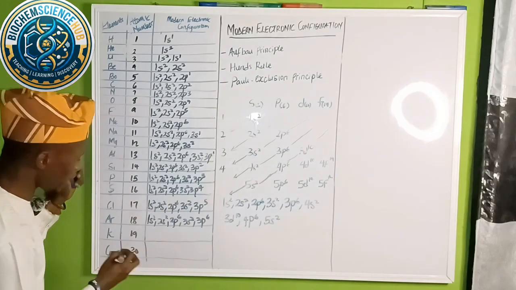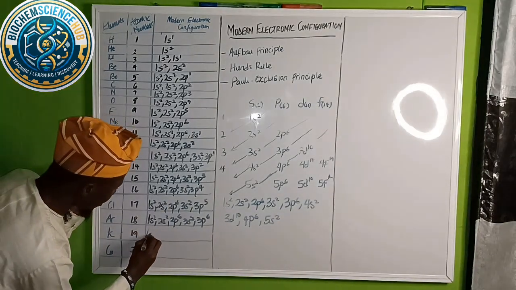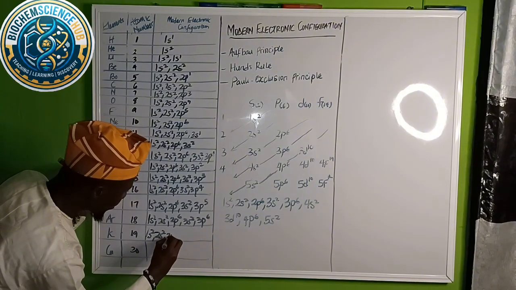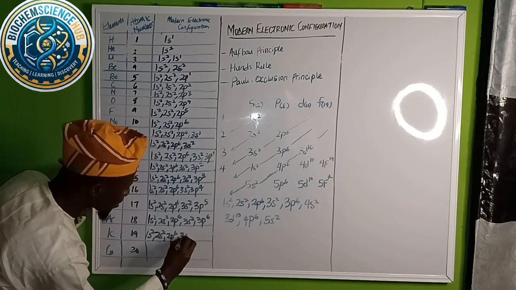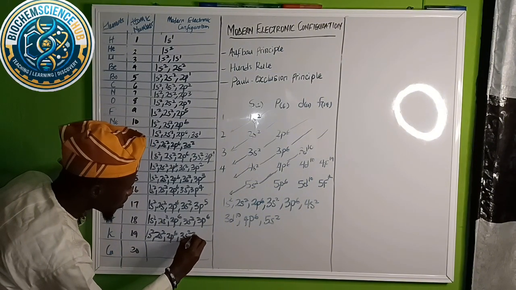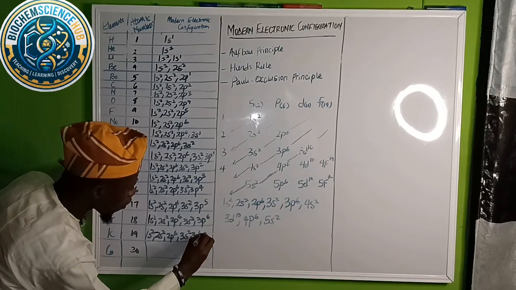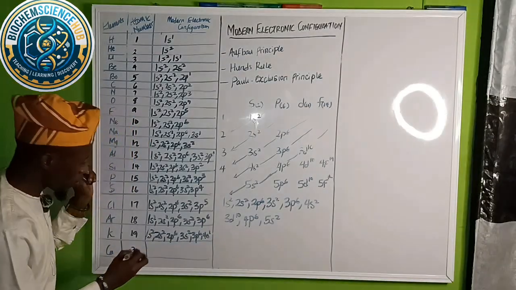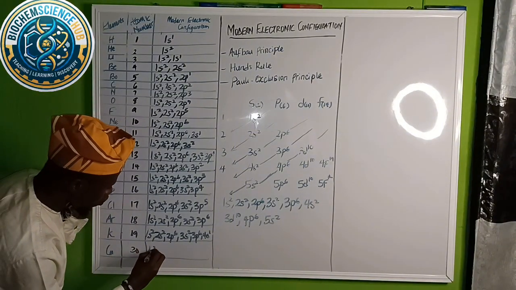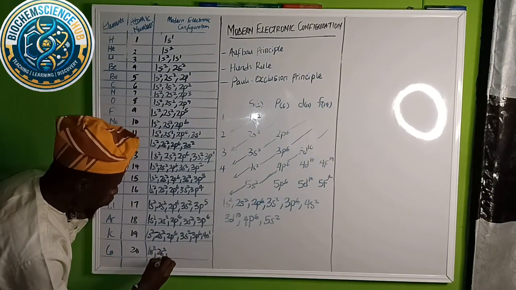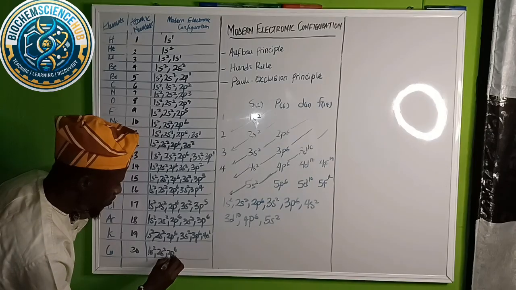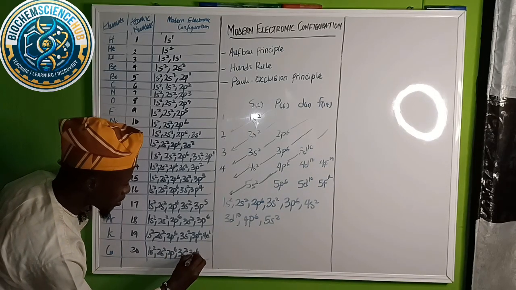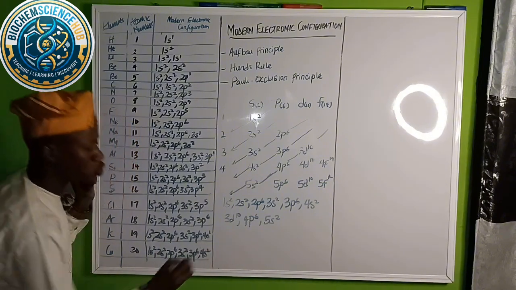We are moving to 4s. 1s2, 2s2, 2p6, 3s2, 3p6, and 4s1. Potassium. So moving to calcium, we have 1s2, 2s2, 2p6, 3s2, 3p6, and 4s2.